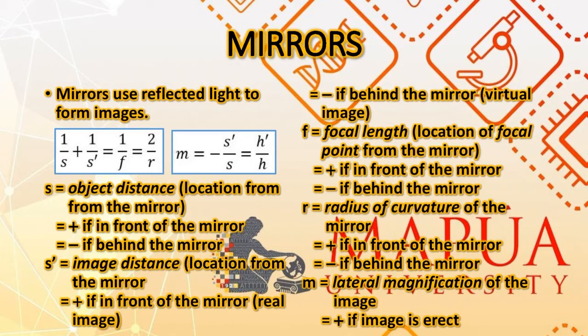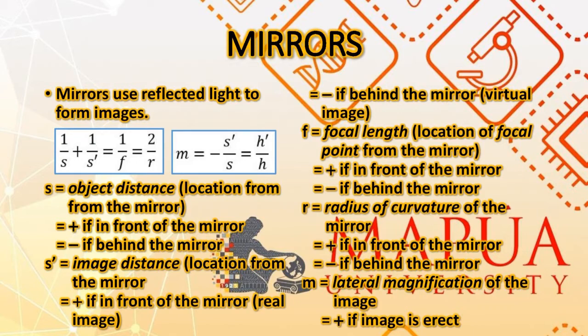F is the location of what is called the focal point of the mirror, and it is, just like s and s prime, with respect to the mirror: the location of the focal point from the mirror. F is called the focal length of the mirror. R is the radius of curvature of the mirror.